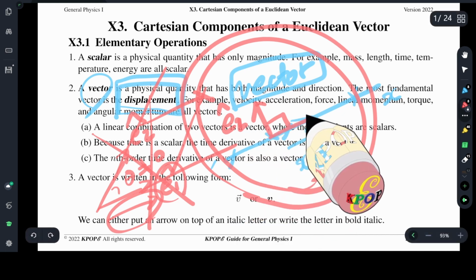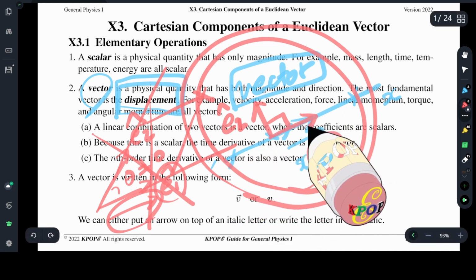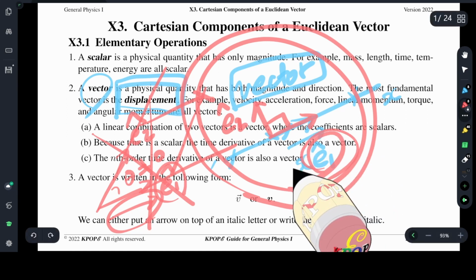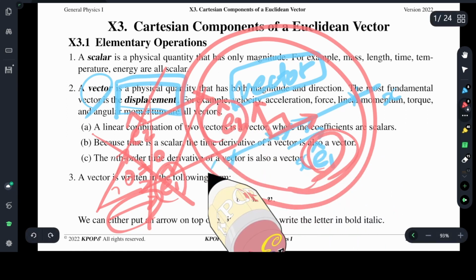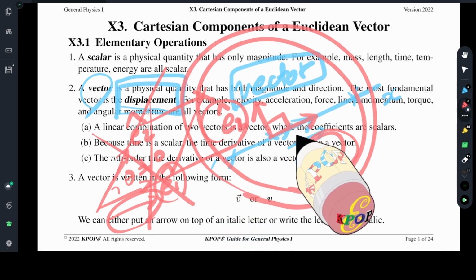Basis means the inevitable directions that should be accounted for to describe the position of a particle. So in two dimensions, we have two basis vectors, and we choose them to be orthogonal to each other.